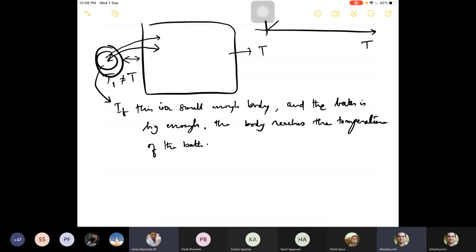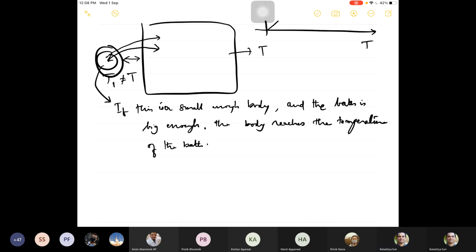But if it is attaining equilibrium, the temperature should change, right? Yes, the body is coming into equilibrium with the bath. The bath is not changing. Basically, we are treating the bath as a very, very large system and ignoring any changes that happen to it.